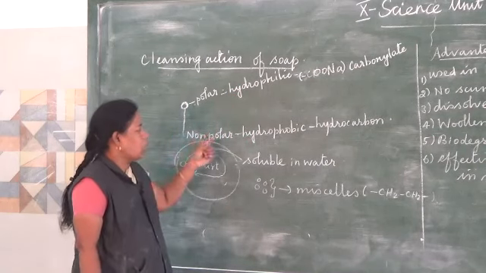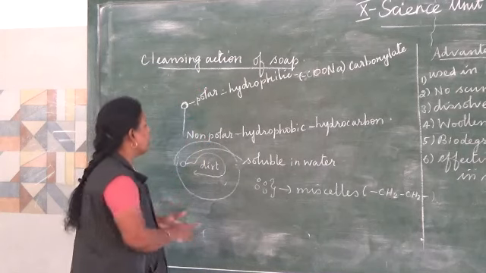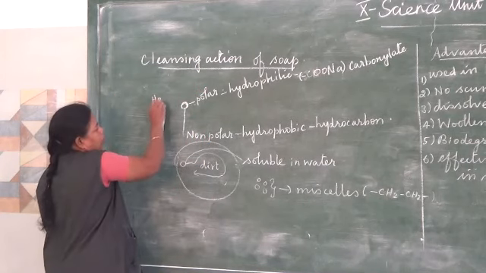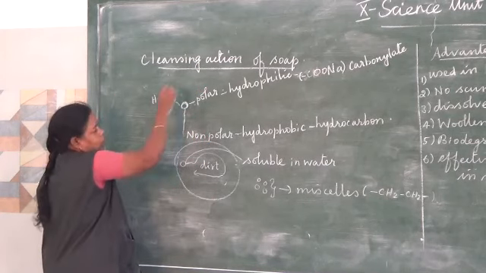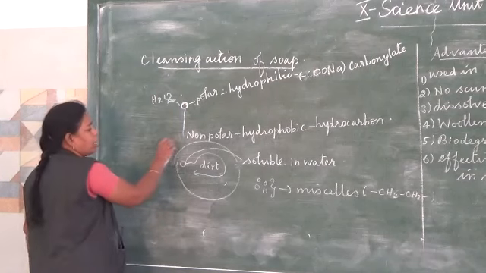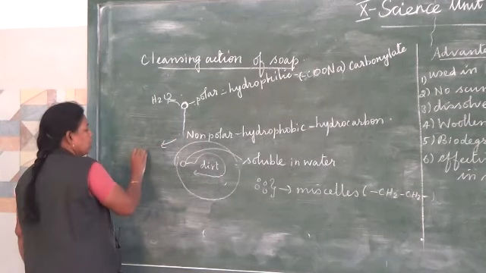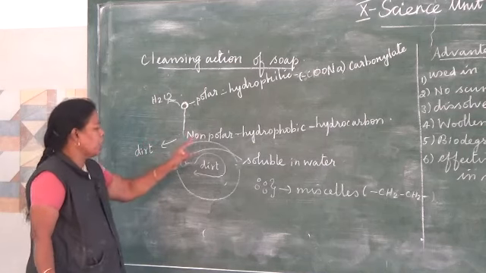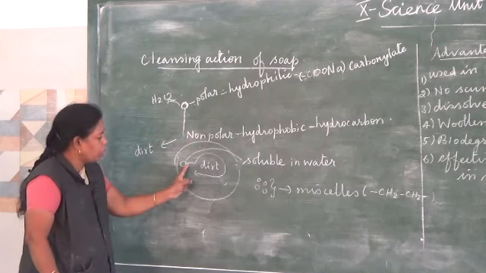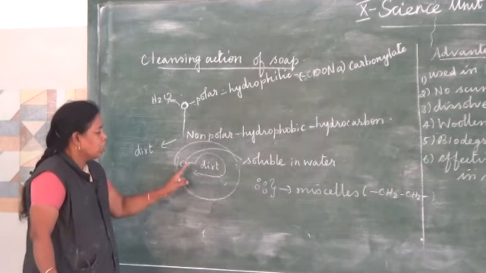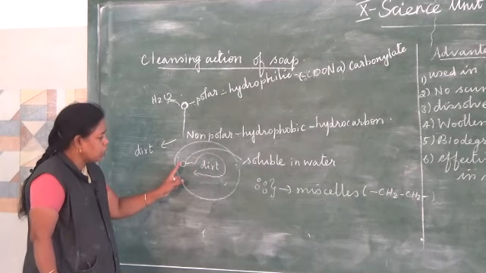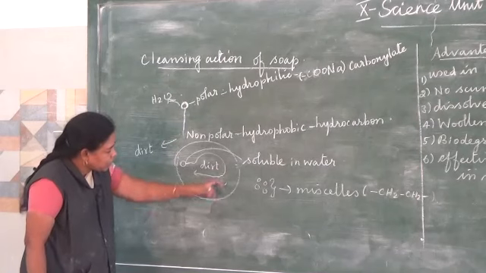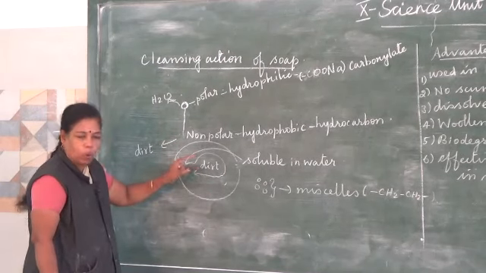The polar end will be attracted towards the water molecule, whereas the non-polar end will be attracted towards dirt. So when the non-polar end surrounds the dirt, the head part, that means the polar end, makes the entire thing soluble in water.